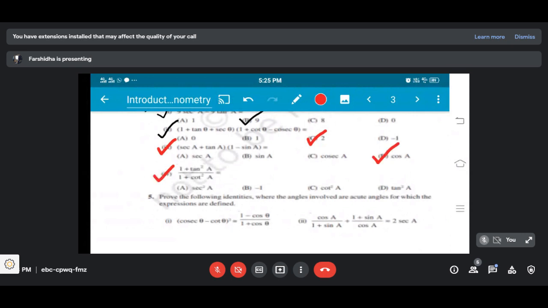Option D is the answer. Fourth one: (1 plus tan square A) divided by (1 plus cot square A) is equal to.